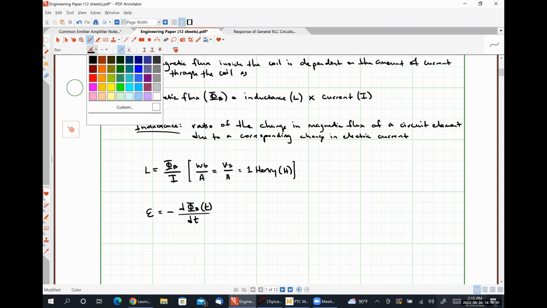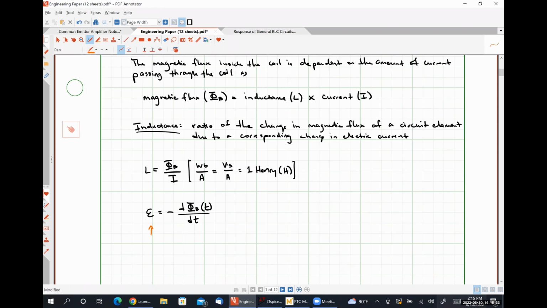This electromotive force E is really just a fancy word to describe voltage. I know your physics professors would literally hate me for saying that, but voltage is an example of an electromotive force. Not all voltages are electromotive forces, but not all electromotive forces are voltages, I guess would be the way to put it succinctly.